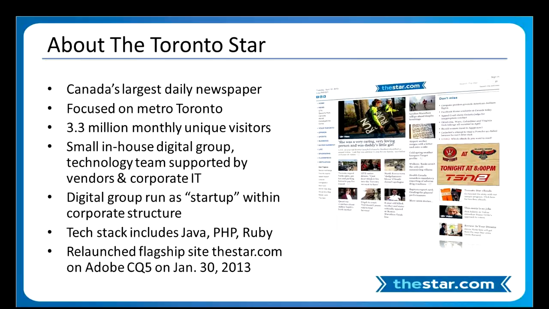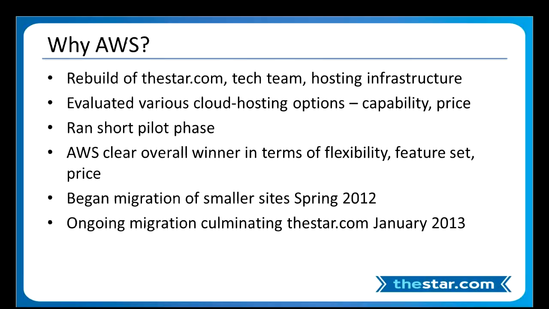We really try to run as a startup, so we're quite agile, and our main focus is trying to deliver value as opposed to putting process in the way of building cool websites and getting stuff done. Our tech stack is a mixed stack. We have a lot of Java, quite a lot of PHP, and a little bit of Ruby, and that's an evolving process. We recently relaunched our flagship site, thestar.com, on AWS in general and CloudFront in particular at the end of January of this year. Next slide, please.